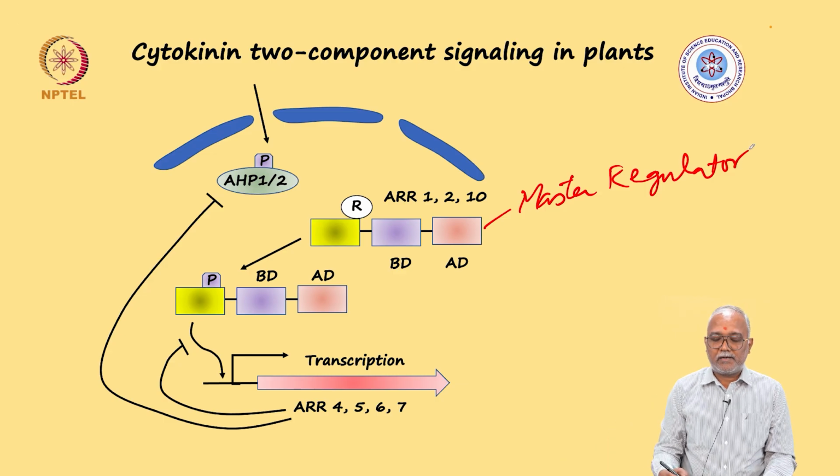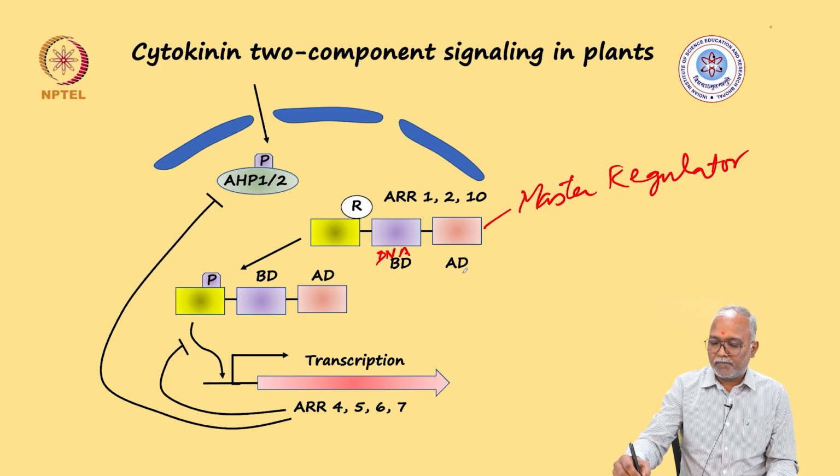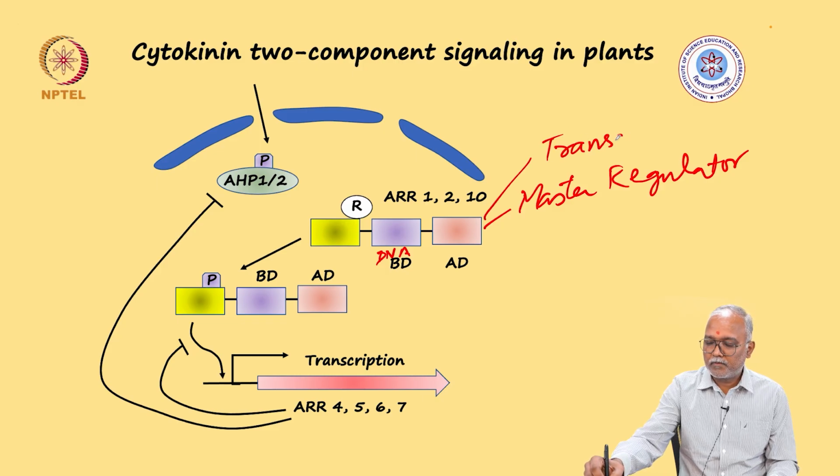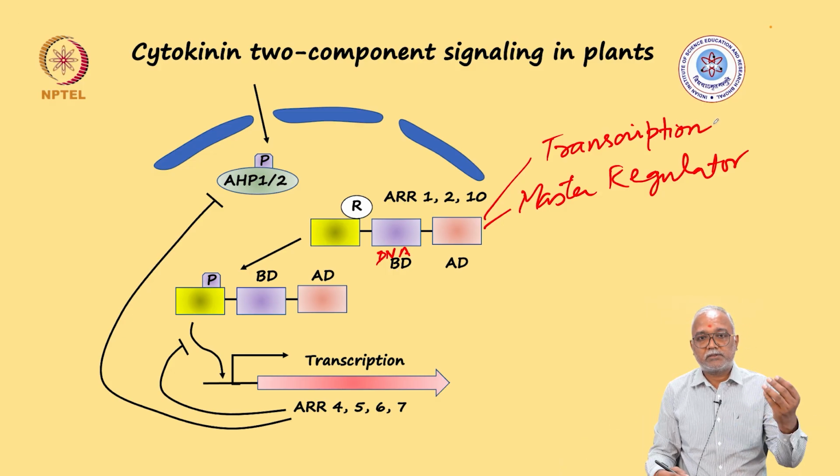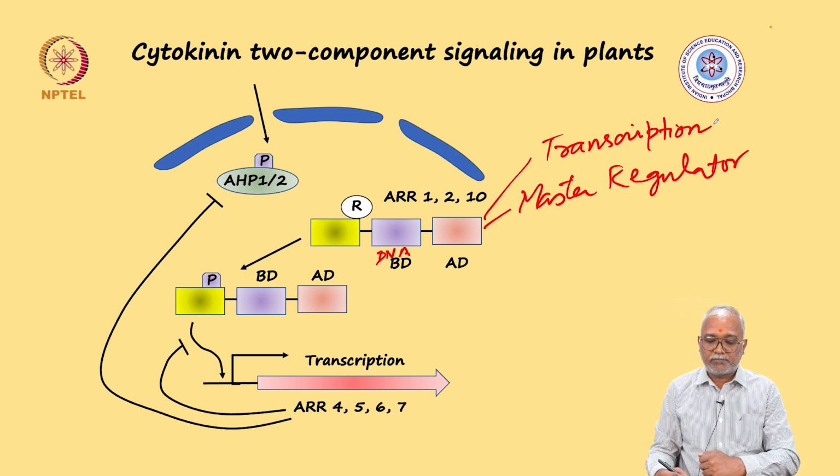This master regulator, as the domain arrangement suggests, has a DNA binding domain and an activation domain. Where are these domains present? They are part of a transcription factor. So we are taking one example here of how cytokinin signaling is mediating responses.